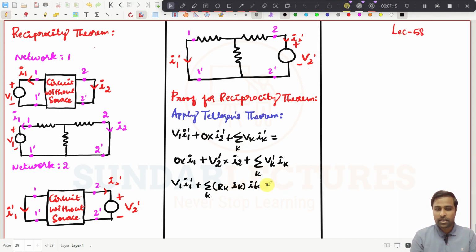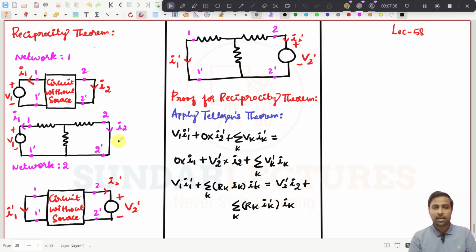So that should be equal to this term V2 dash into I2 plus summation k. This also can be written as Rk into Ik dash into Ik. See, both resistances are the same, this circuit should have the same value of resistance as that circuit.